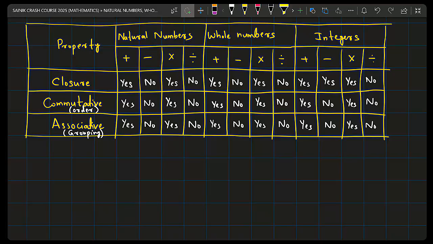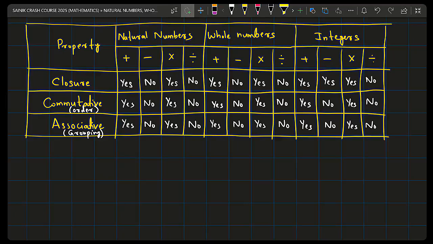Sir, I didn't understand closure property in whole numbers. Closure property. Which operation? Addition. Jashvi, take any two whole numbers. 3 and 4.